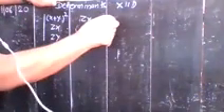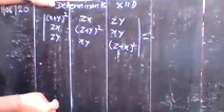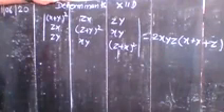Your first question: the determinant, column-wise, with first column (x plus y) whole square, zx, zy; second column zx, (z plus y) whole square, xy; and third column zy, xy, and (z plus x) whole square, is equal to 2xyz into (x plus y plus z) whole cube. You have to prove this result.